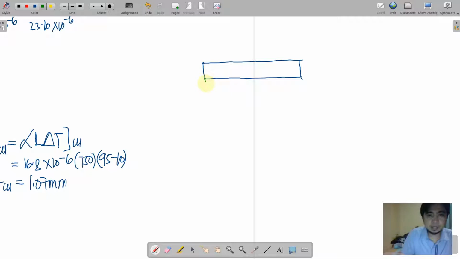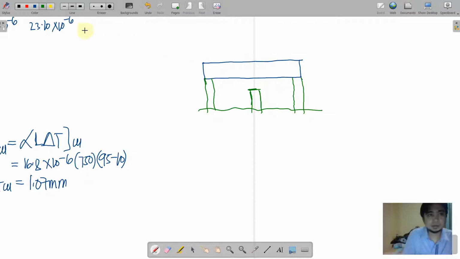Let us indicate the rods here. These are the external rods. By the way, this is copper, and the aluminum is placed internally, the central rod.